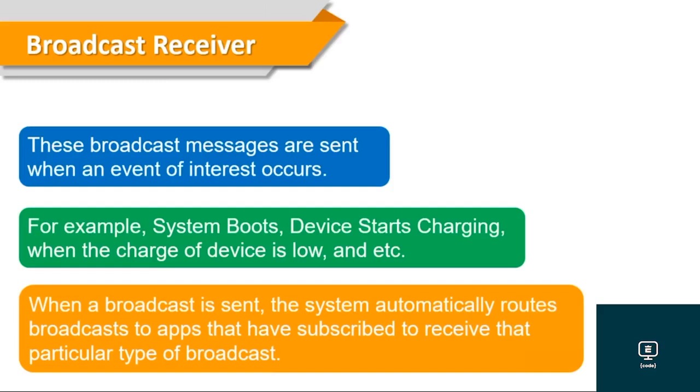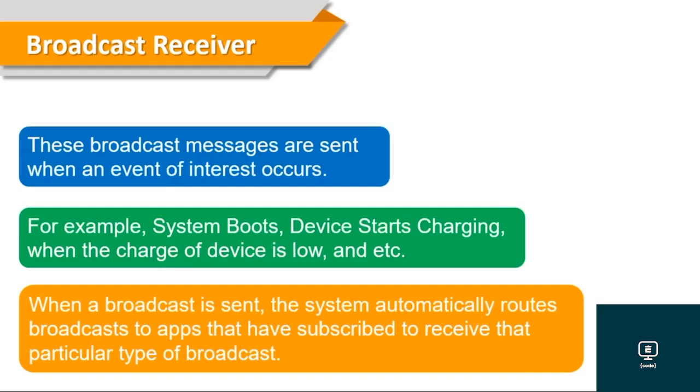So this is really important because whenever one of the system events occurs, Android operating system sends broadcast messages at that particular time. For example, if you want your application to learn when the device battery is low, you will need to subscribe your application to that specific system event.